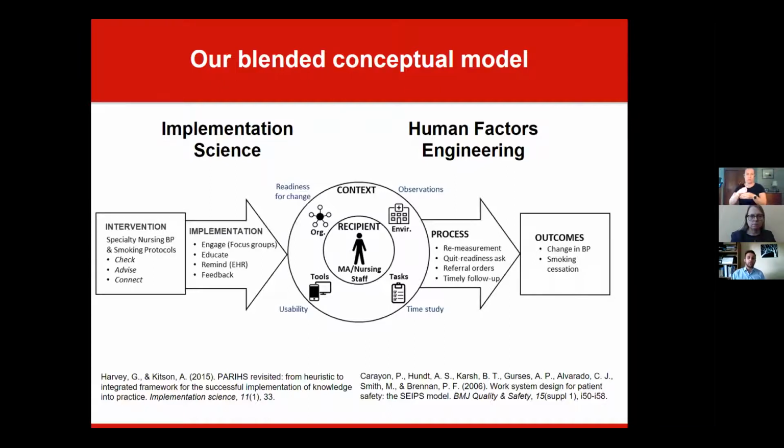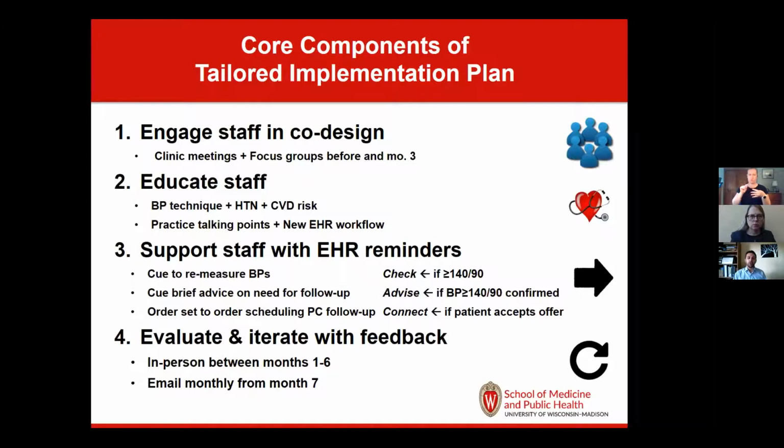And so the implementation strategies that we used to bring that together were 4 core strategies: to engage staff in co-designing the protocol and tailoring it to their needs, as well as co-designing the implementation bundle with focus groups before the intervention, and at month 3 to do some formative evaluation and responsiveness.